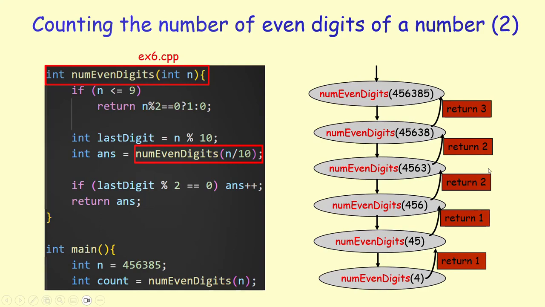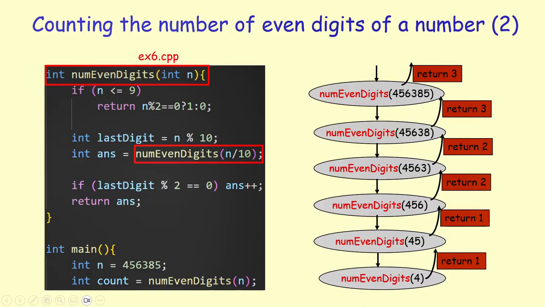I'm going to return 3. As you can see, the even digits in this number are 4, 6, and 8. And when I come here, the last digit is 5, which is an odd number, so I'm not going to increment the result that's coming from the subproblem. I'm just going to return 3 to the caller, which is the caller in main. As you can see, this number has 3 even digits in it.